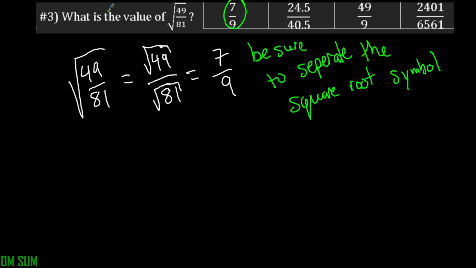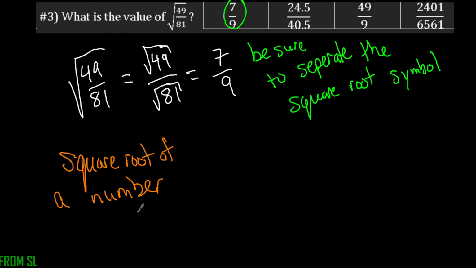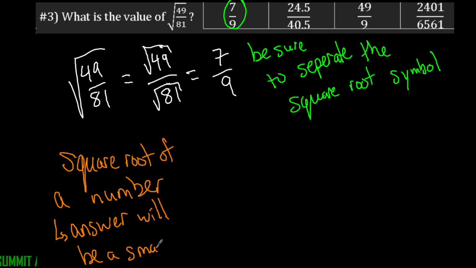And a separate note too, make sure that you're understanding the difference between a square root and something squared. So when we say square root of a number, just remember that your answer will be a smaller number.